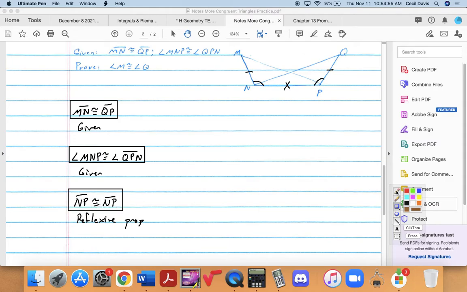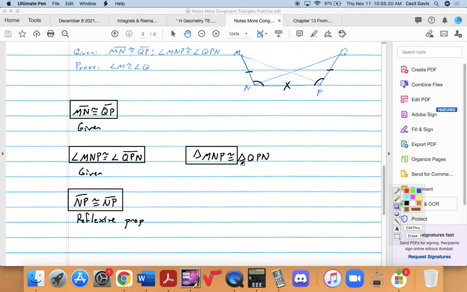Can't you say they're congruent? Say who's congruent? Triangle MNP and triangle QPN. Yes. For what reason? Side angle side.